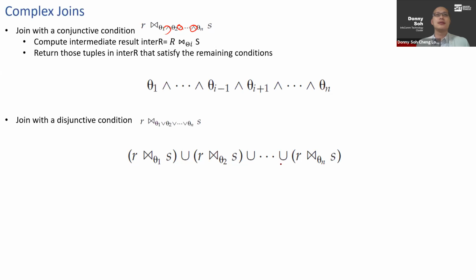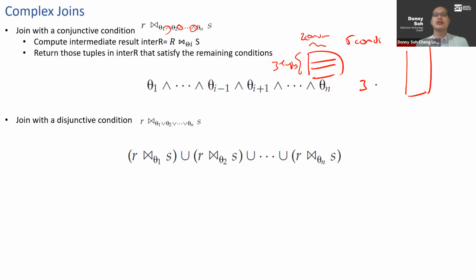So what it means is that, let's say there are 5 conditions, and after I do this join, I end up with 3 tuples. Let's say these 3 tuples are run with 2 conditions already.